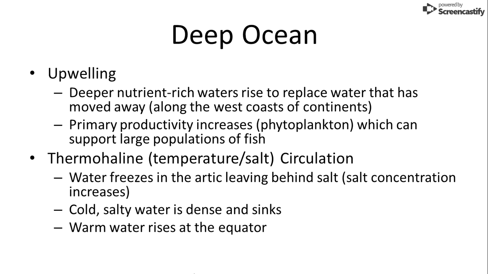This really cold, salty water is a lot more dense, and then it sinks down. As the water moves down to the equator, it warms up and ultimately rises again. So you have that convection cell that we've been talking about over and over again.